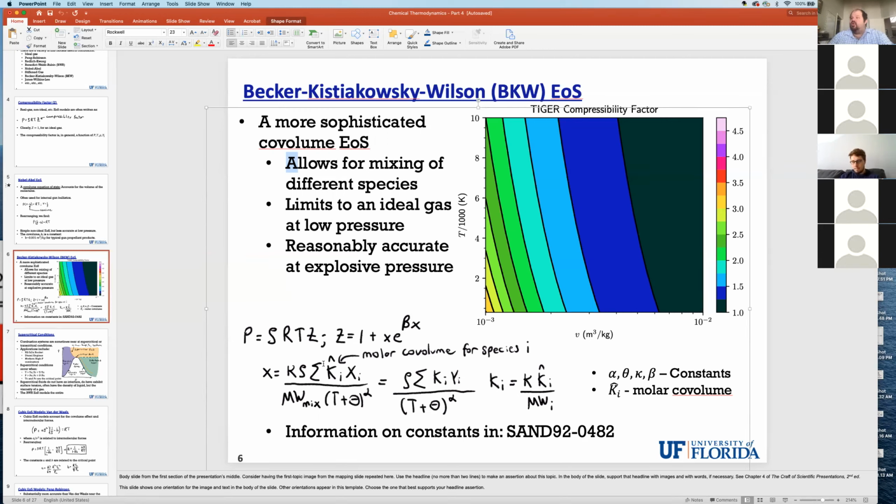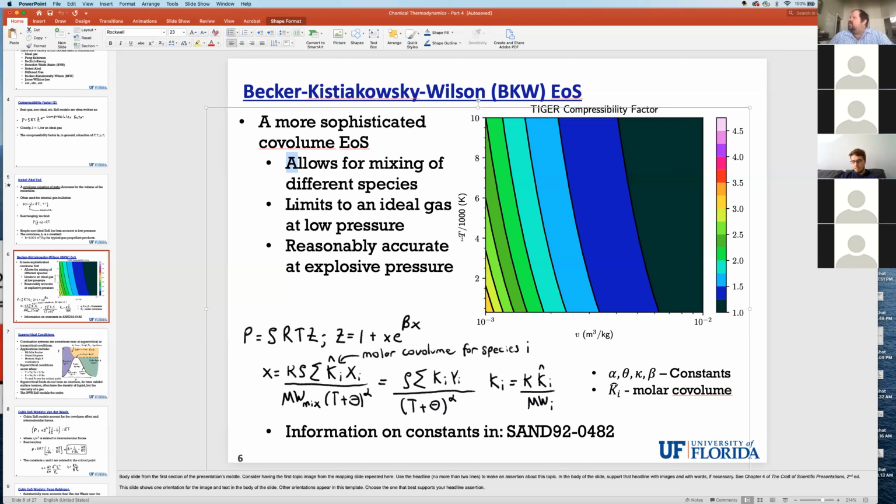And so that's the volume per mole. Okay, and this alpha is a constant, theta is a constant, and so there are all sorts of constants with these, and kappa is a constant. But this is basically how it's defined.